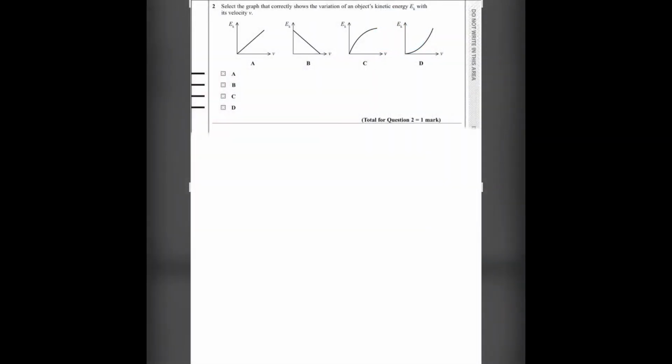Number 2. Select the graph that correctly shows the variation of an object's kinetic energy Ek with its velocity. The mark scheme says that the option is D. Let's prove how. What is the formula of kinetic energy? Kinetic energy Ke is equal to half mv squared.